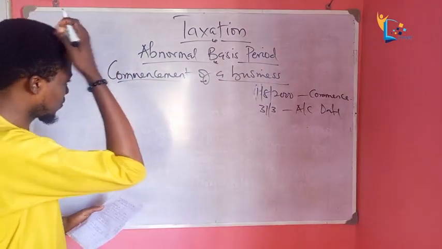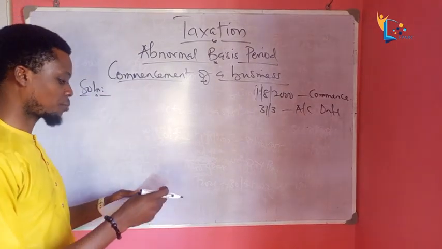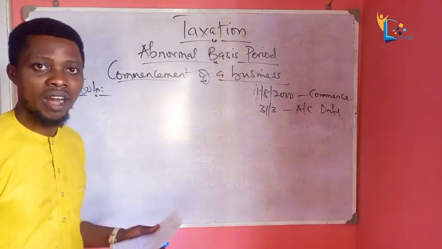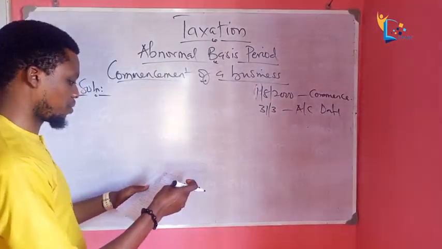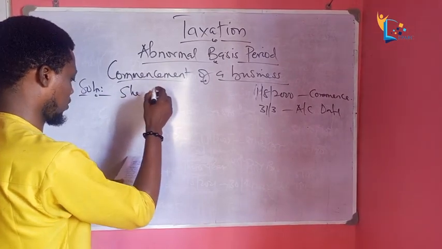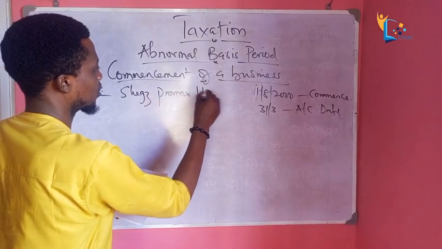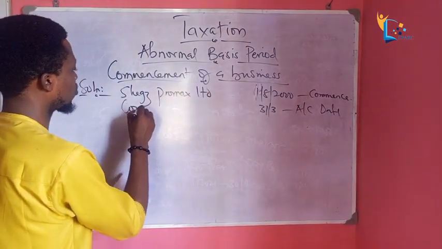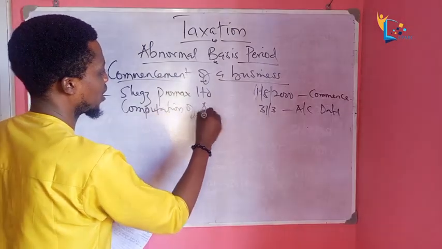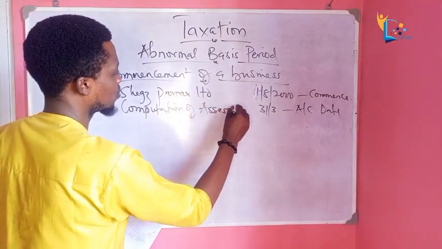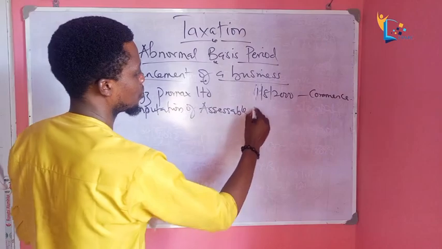Now, how do we solve this? Now, let's go. Sheiks Promas Limited. Okay? Are you ready? What is the name of the business? Sheiks Promas Limited. Computation of assessable profits.